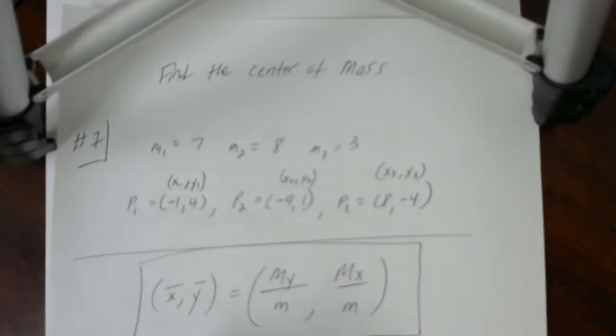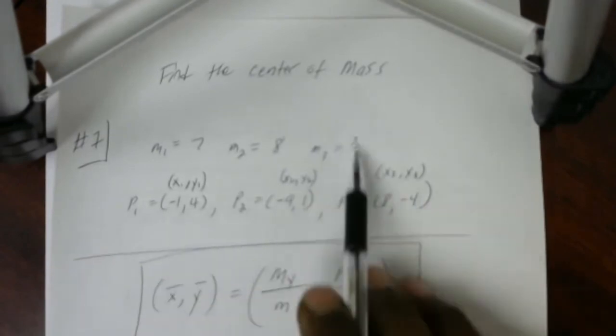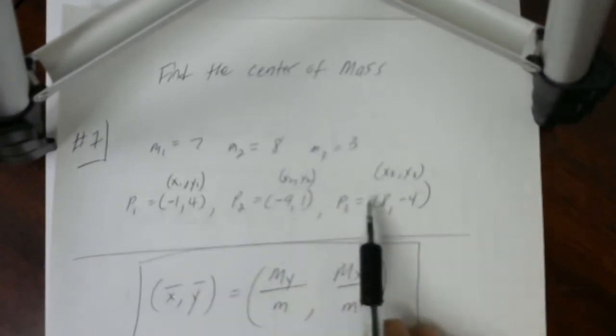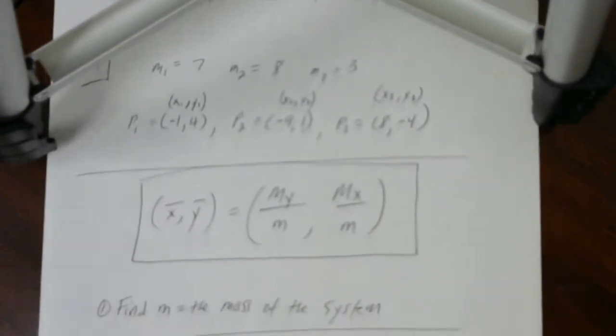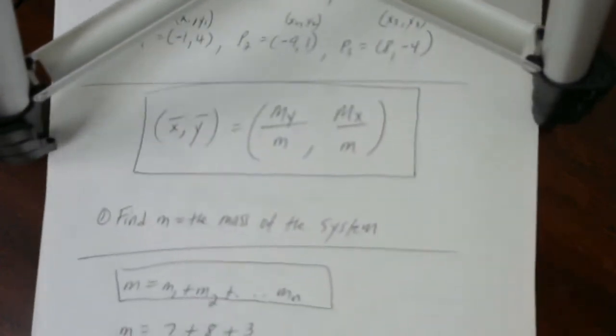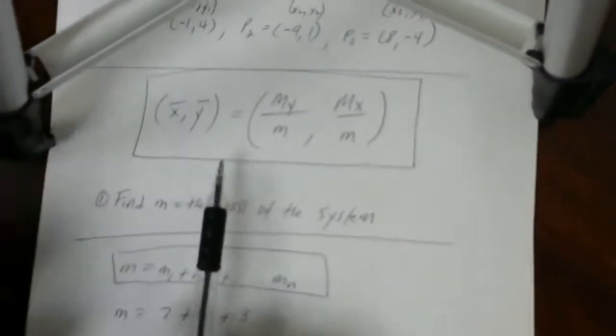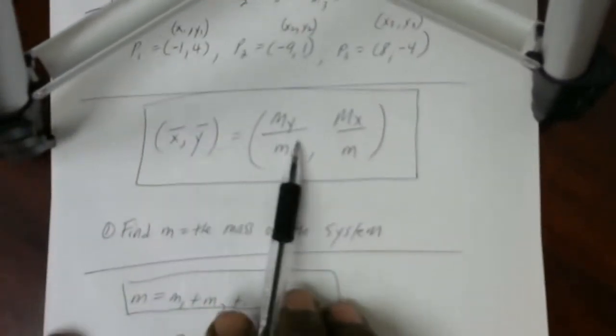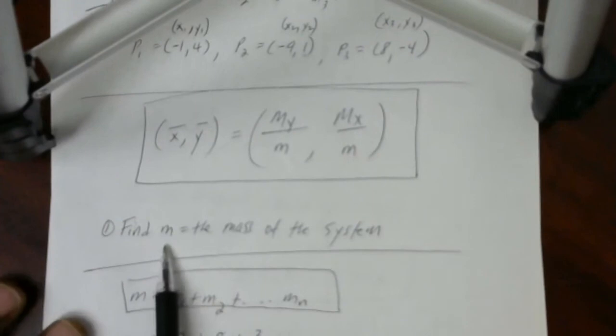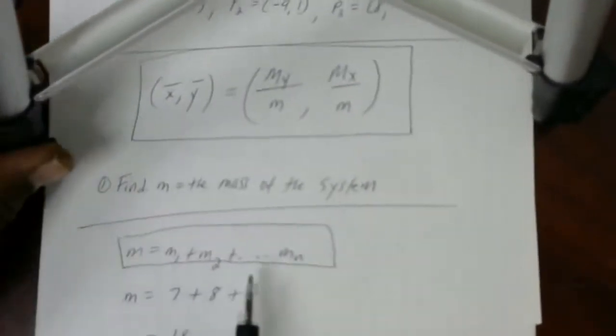We were given the locations for those masses. Remember, this can be mapped out on a coordinate system. We then wrote out the formula, right? We found the mass of the system by adding up each individual mass.